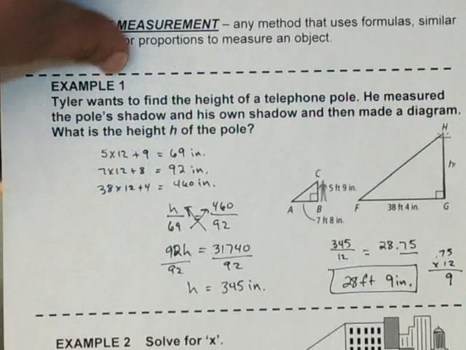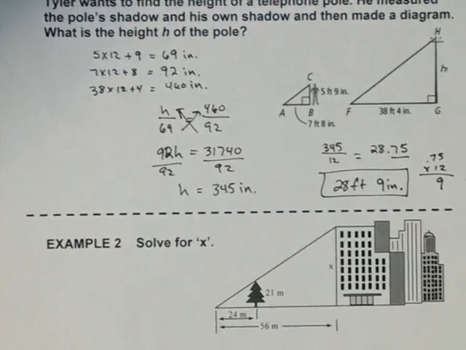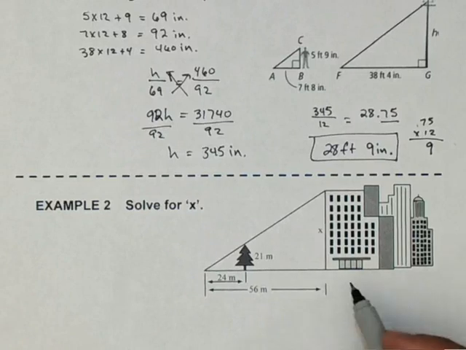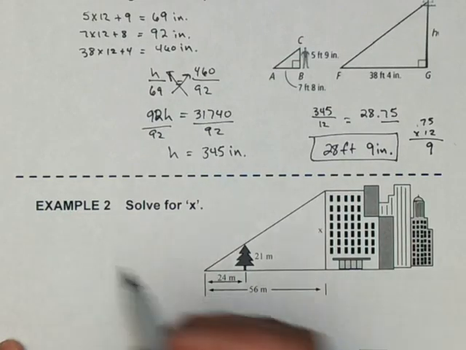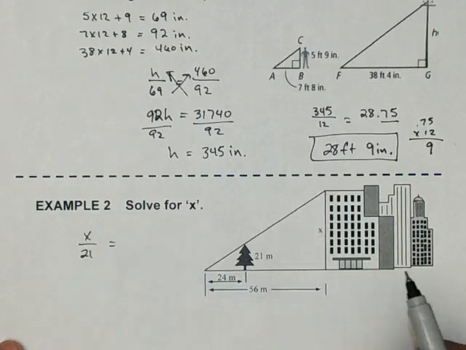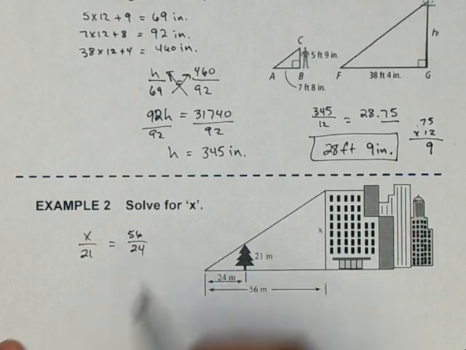All right, this next problem is very similar. It's just we're going to use meters this time, so we don't have to mess with inches. We would say x is to 21 as 56 is to 24.